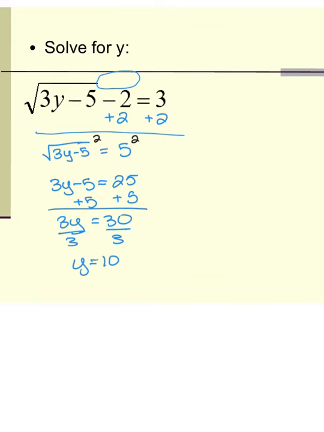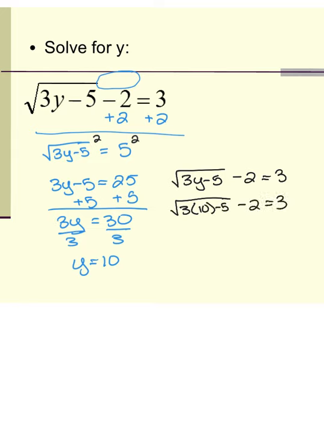I want to go back and check that in the original. So 3y minus 5 minus 2 equals 3. I'm going to plug in my answer. Again, if you hate doing math, you can always cheat and type that in the calculator exactly as I wrote it.